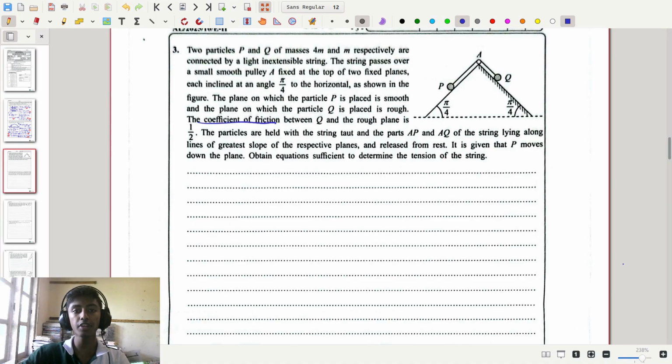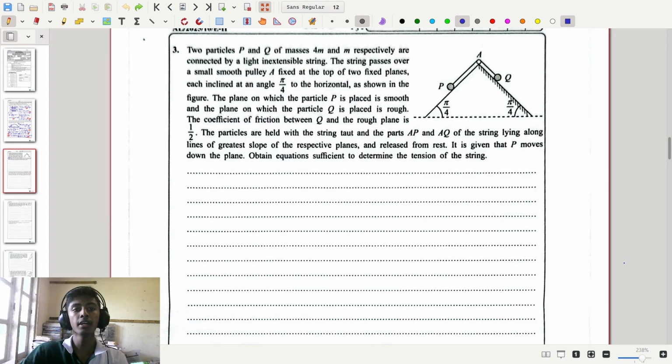The coefficient of friction between Q and the rough plane is equal to half, meaning that if you consider the force applied by Q in the direction that is perpendicular to the plane, then that force multiplied by the coefficient of friction, which is half, is equal to the frictional force when we reach limiting friction or dynamic friction. Now in this case, since they just say coefficient of friction, we have to assume that dynamic friction and limiting friction are the same value, and for both of them the coefficients are equal to half.